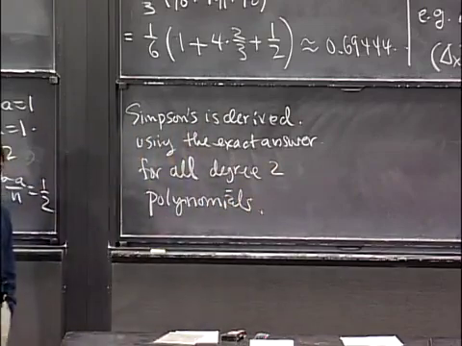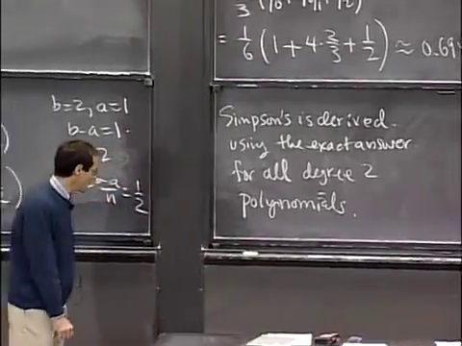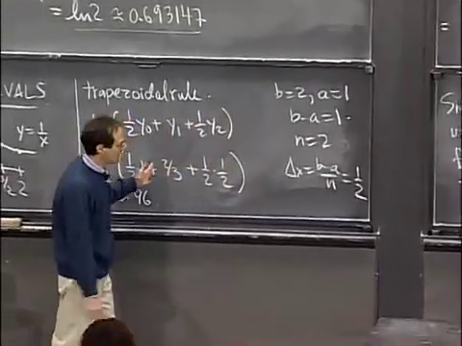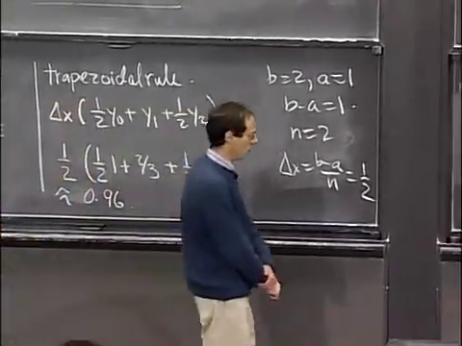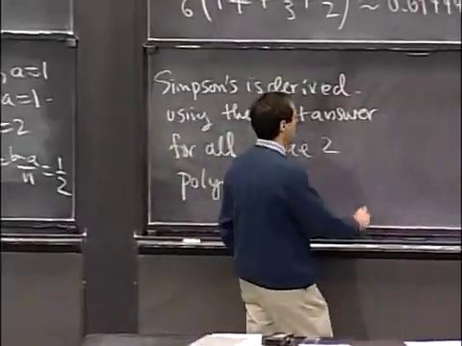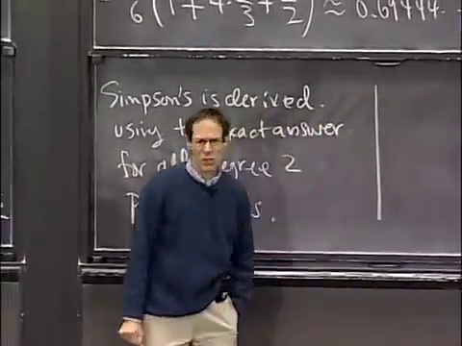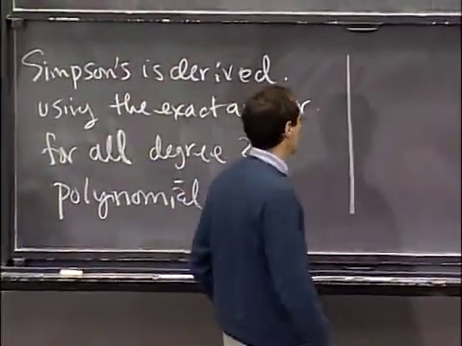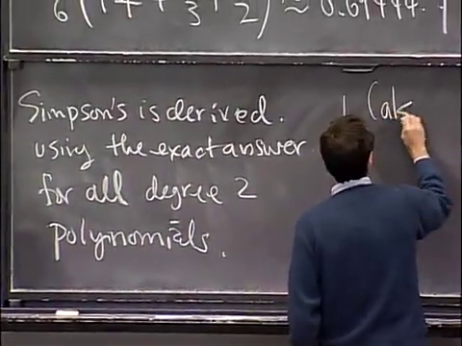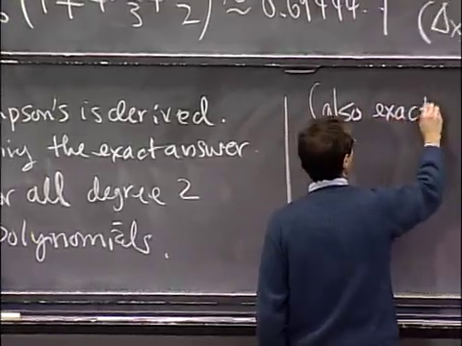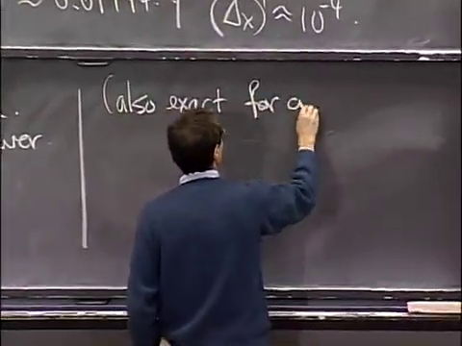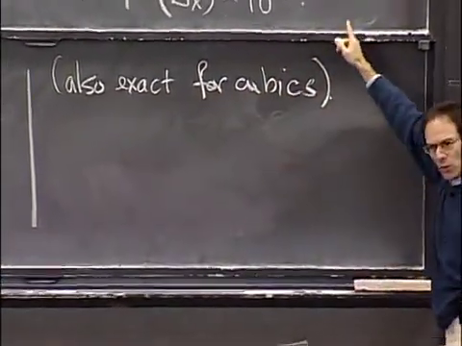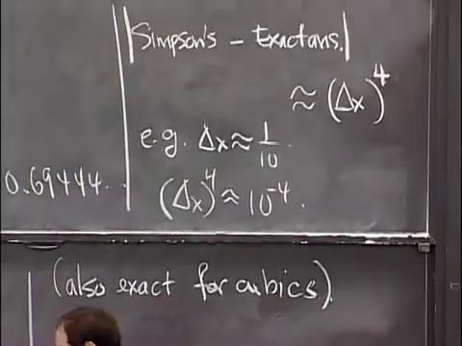But even all the ones of lower degrees. So straight lines would work, and constants would work as well. Whereas the other ones only work for, say, straight lines. The trapezoidal rule only works for straight lines. But there is a weird accident. It turns out that it also works for cubics. Once you get the formulas, it works for cubics. So it's also exact for cubics. And that's what explains the fourth order validity.